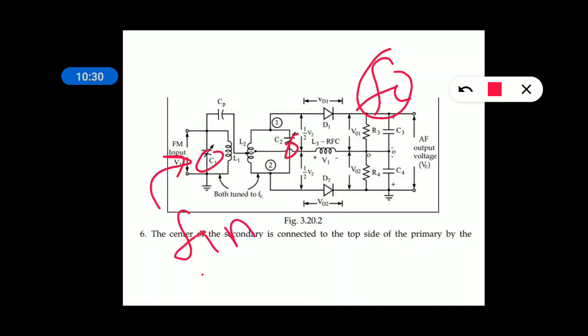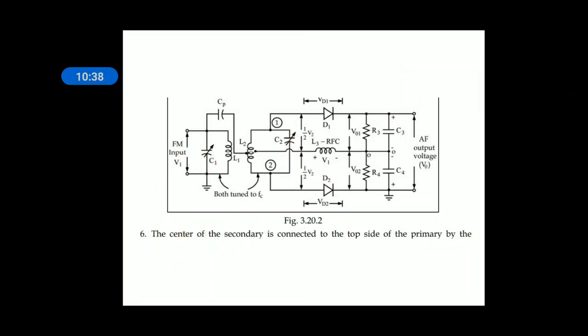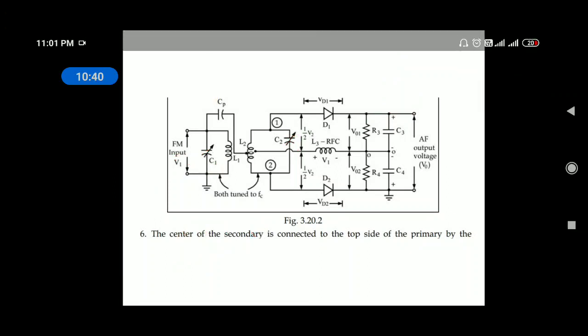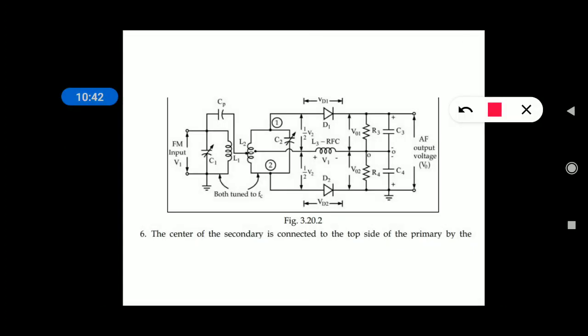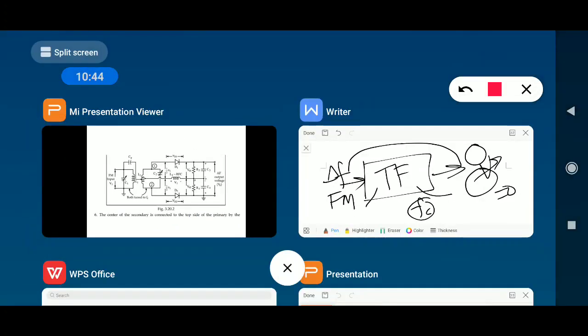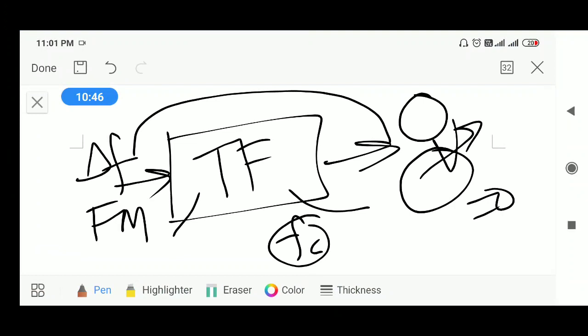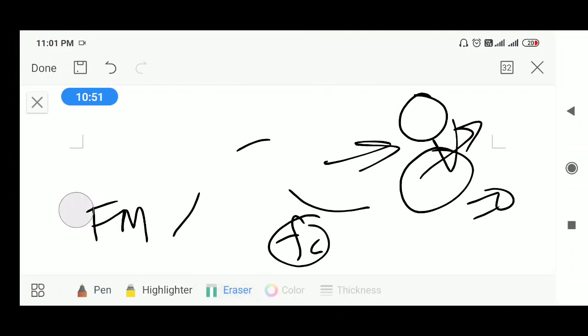Okay, in FM there are three cases. One is when there is no message, when there is a positive message, and when there is a negative message. Let us suppose I will take the help of an empty sheet, so that it becomes easy to explain.